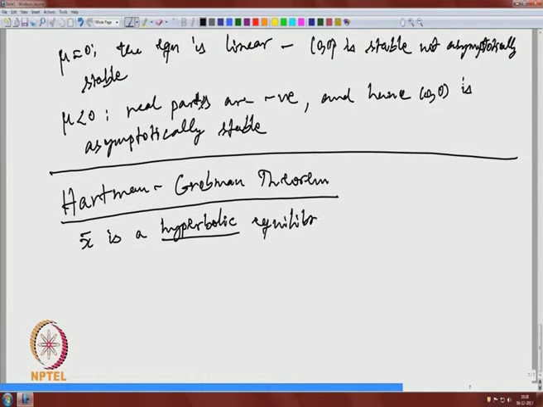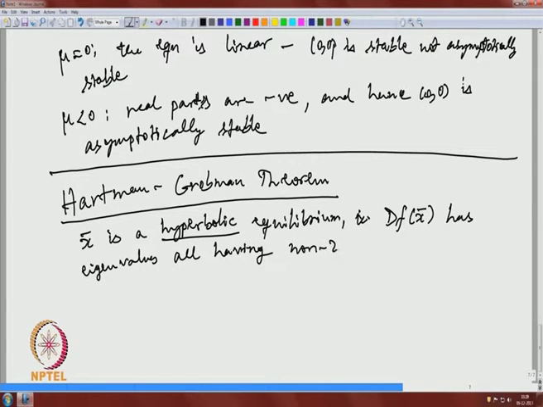Last time we defined this, so let me recall what that means: the Jacobian of f at x bar, Df(x bar), is a matrix that has eigenvalues all having non-zero real parts. This is important, non-zero real parts.